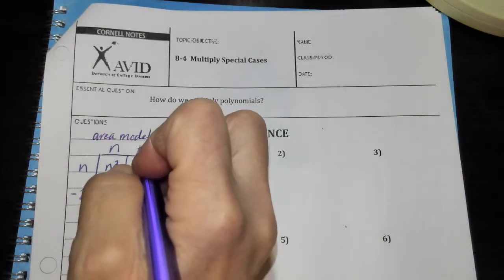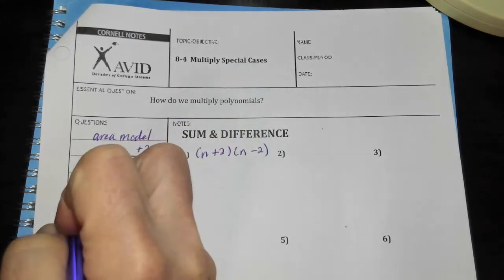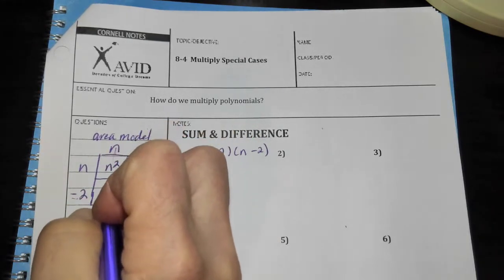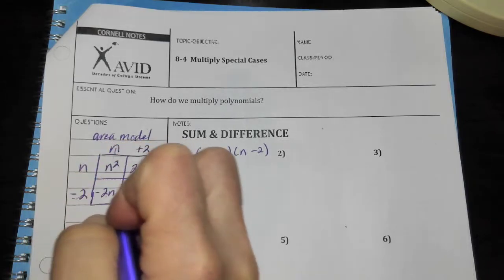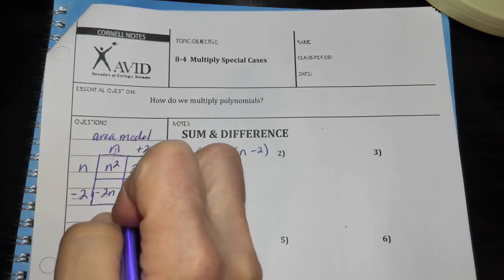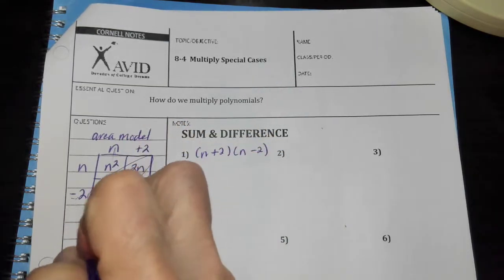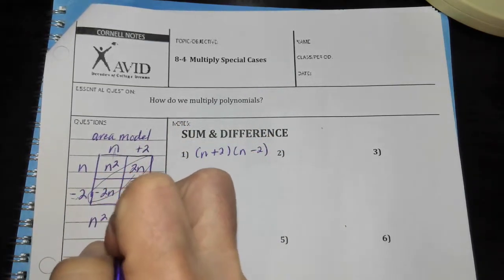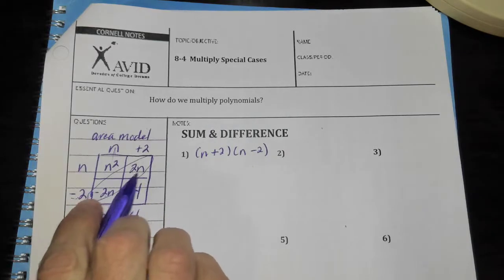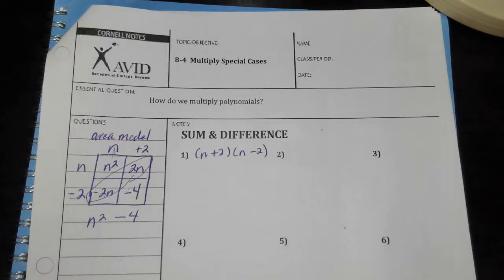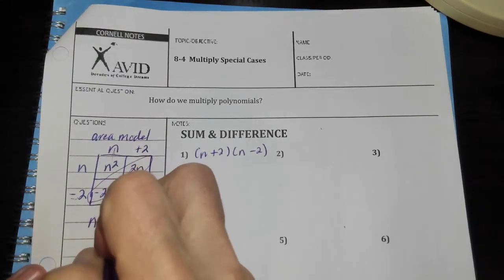I will multiply the n times the 2 to get a 2n. The negative 2 times the n to get a negative 2n, and negative 2 times positive 2 gives me negative 4. And you'll notice if we combine these like terms, I'm going to end up with an n squared minus 4. The 2n minus the 2n will make a 0, and they will cancel when I collect like terms.